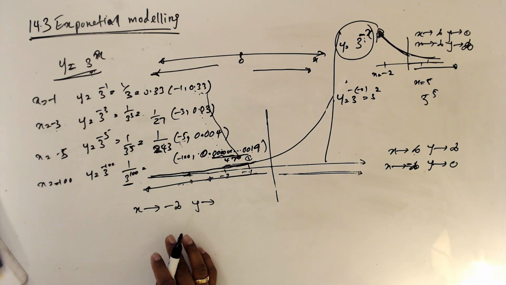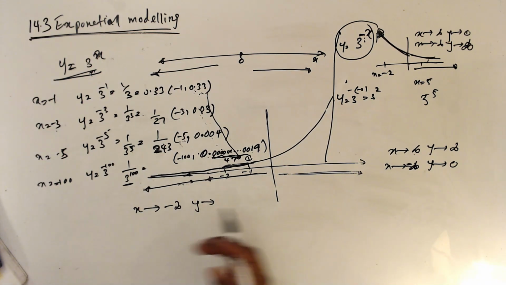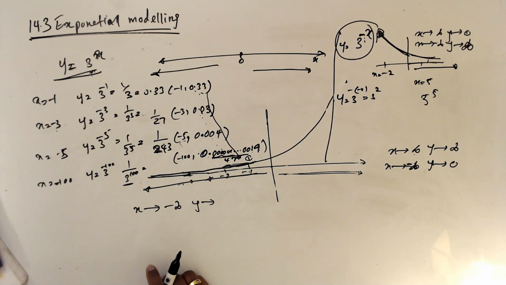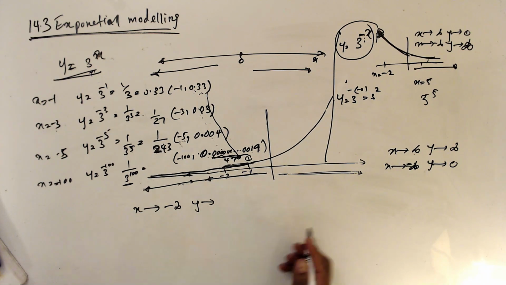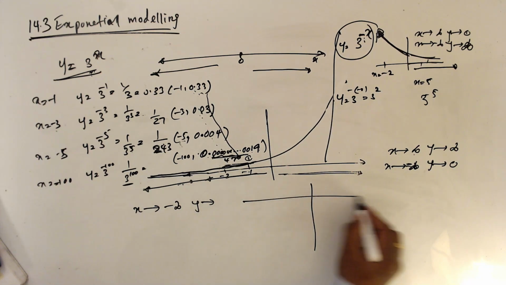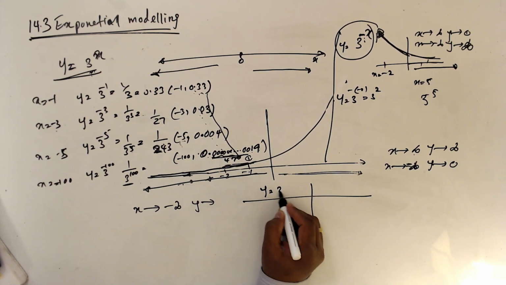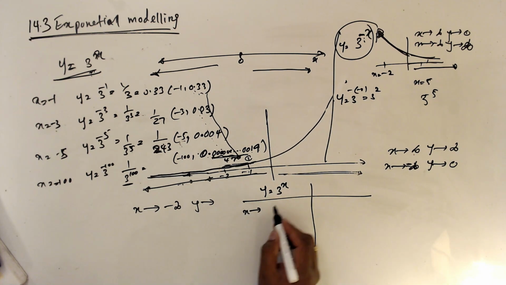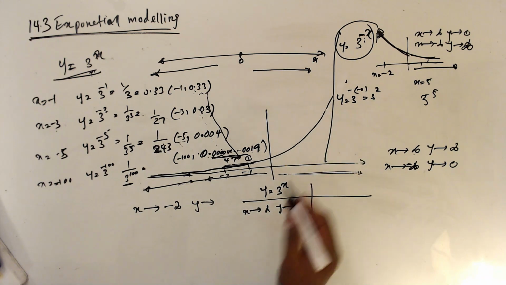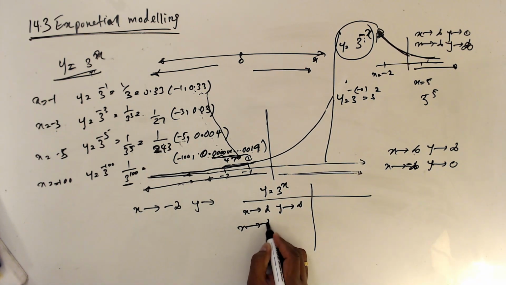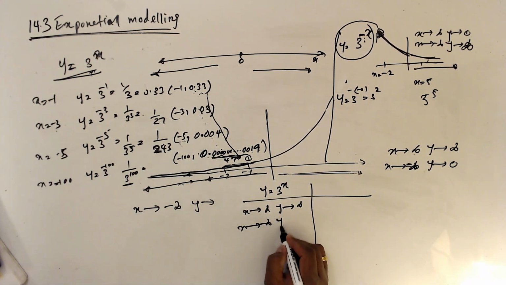What is happening to x and y when it goes to infinity? The x value goes to infinity, negative and positive. So if I write again, the conclusion is: for the y equal 3^x graph, when x goes to positive, y also goes to positive, and when x goes to negative, this side, y goes to 0.